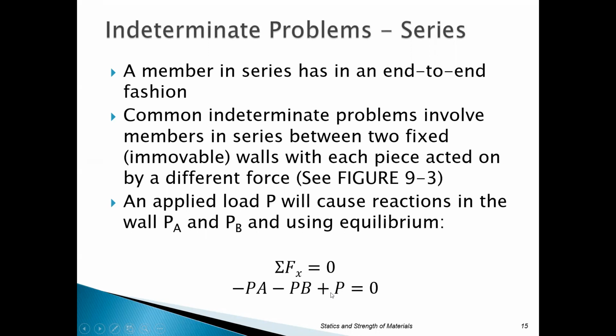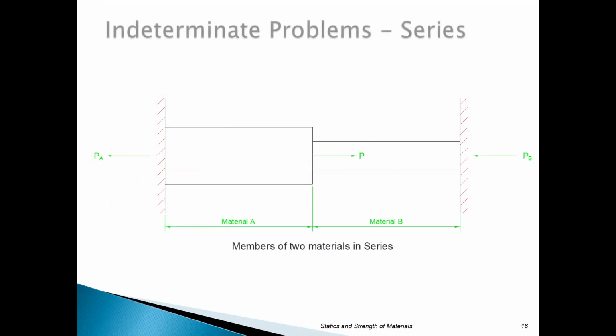So let me flip over to this diagram here. I drew this up. Here we've got our two immovable walls, the left wall and the right wall, and we have two materials. This is material A, this is material B. And we are generating a force of reaction, force of material B and force of material A, because we're applying a load right here.